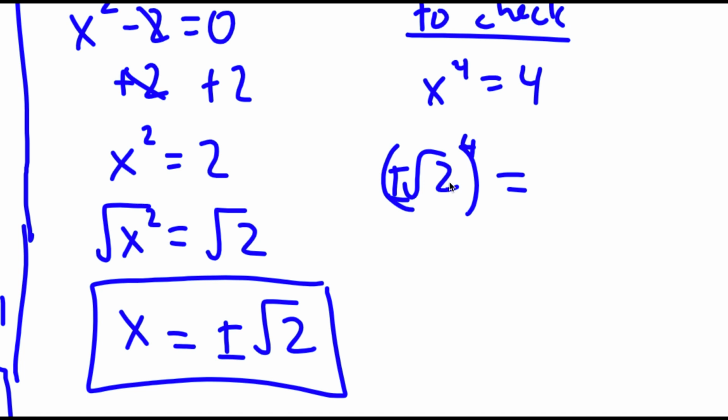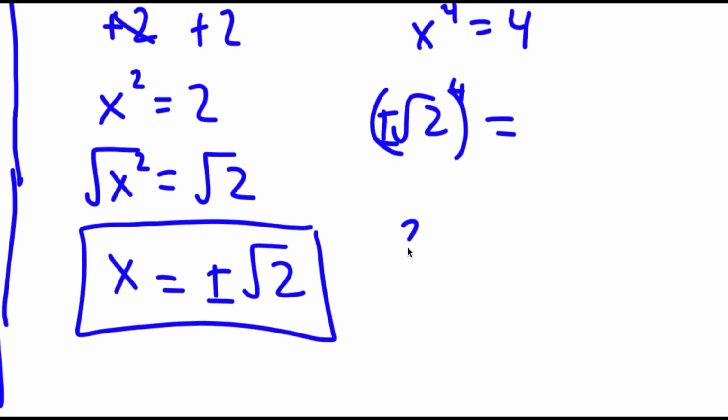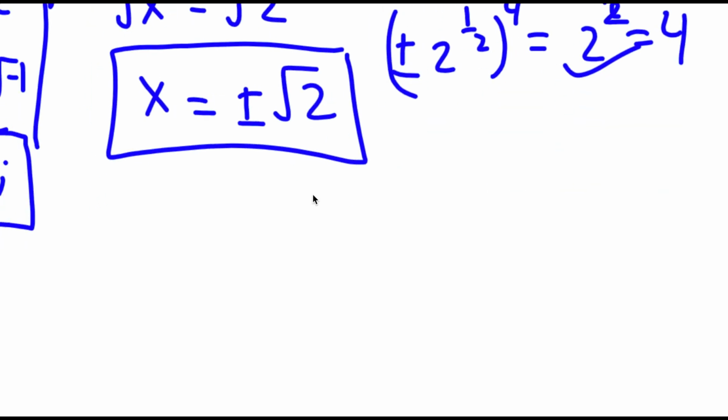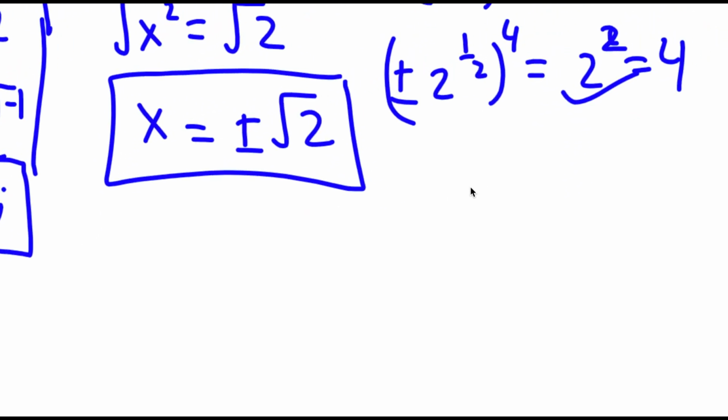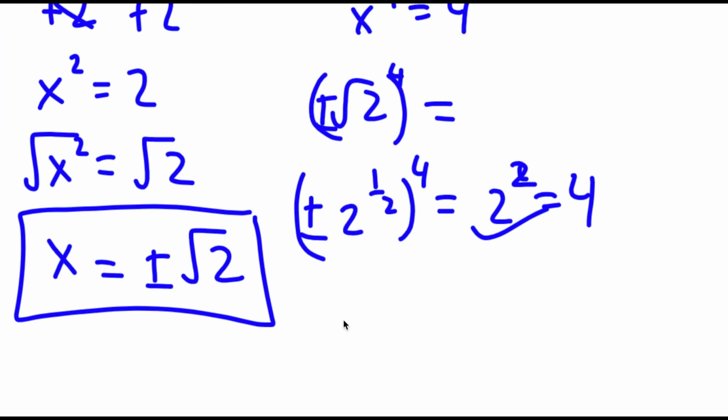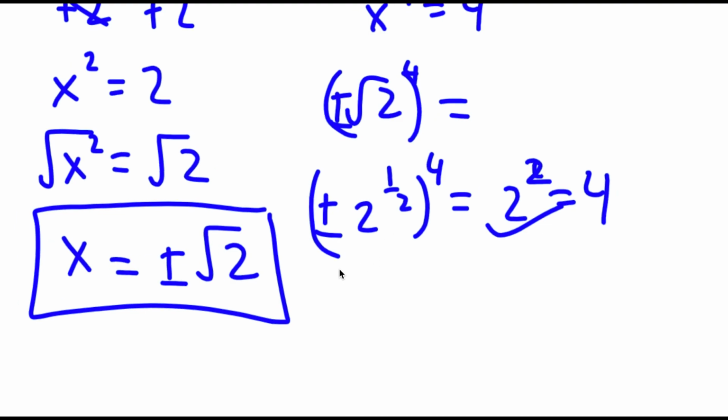The square root of 2 is the same thing as 2 to the power of 1/2, so I have 2 to the power of 1/2 to the power of 4, which is equal to 2 to the power of 2, which is equal to 4. So this works, and for the square root of 2i, it's exactly the same thing. There's no difference. So my 4 solutions are right.